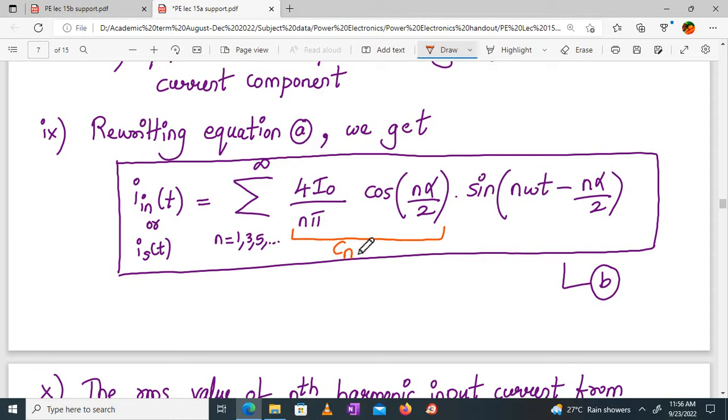So 4 I naught upon n pi into cos n alpha by 2 into sine n omega t plus phi n. And what is phi n? Minus n alpha by 2. So this is very, very important. This will define your sinusoid nature, I mean that source current, the wave shape nature. This will define that.